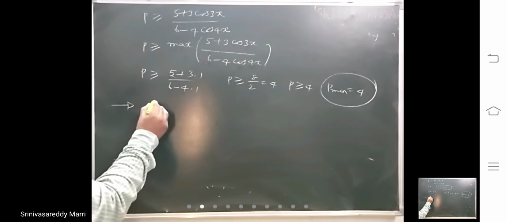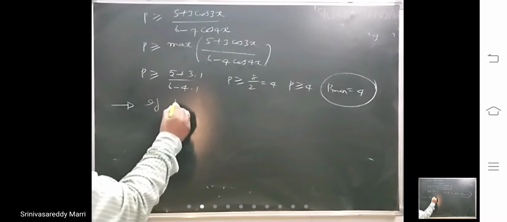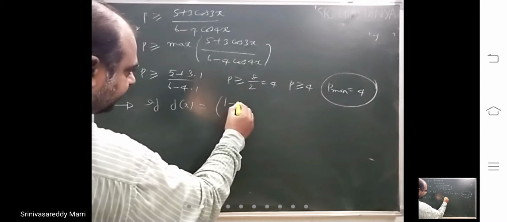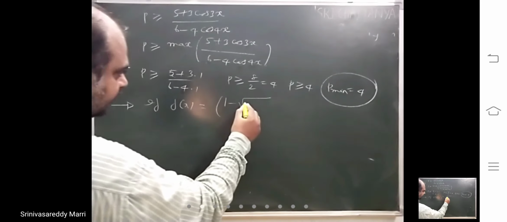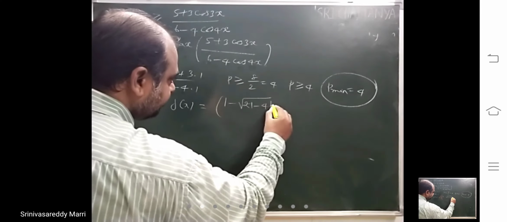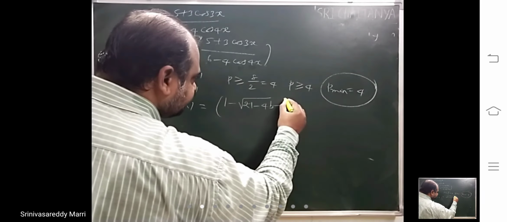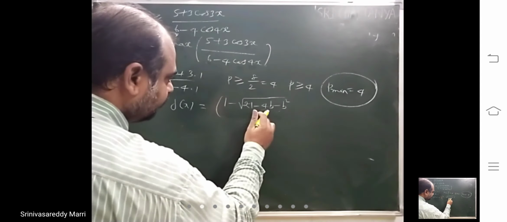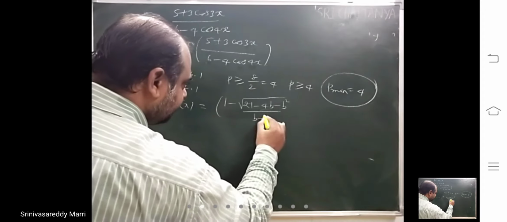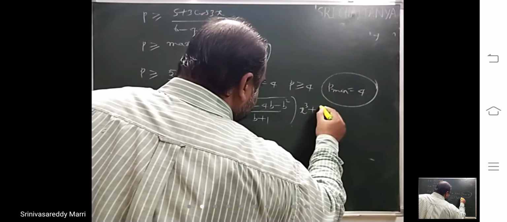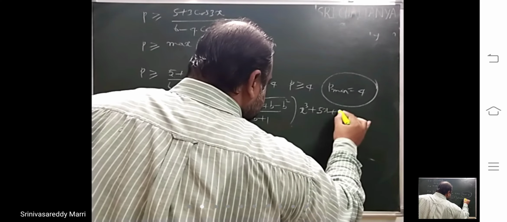If f of x equals (1 minus root of (21 minus 4b minus b square)) divided by (b plus 1) into (x cube plus 5x plus 8).